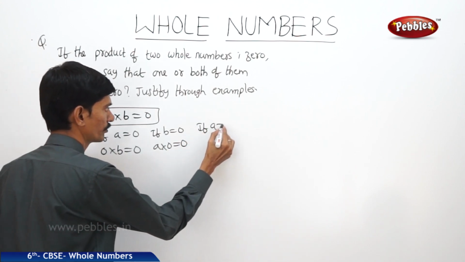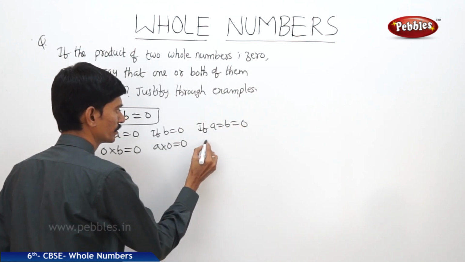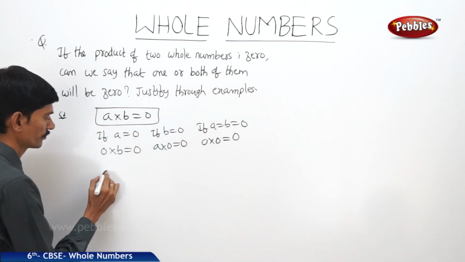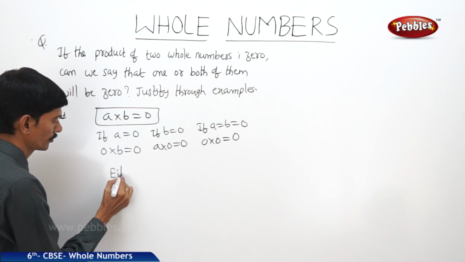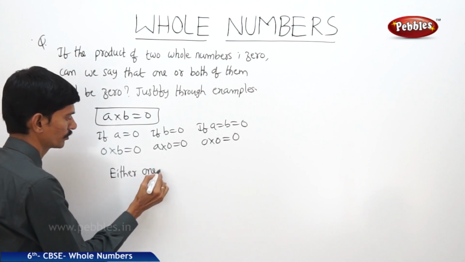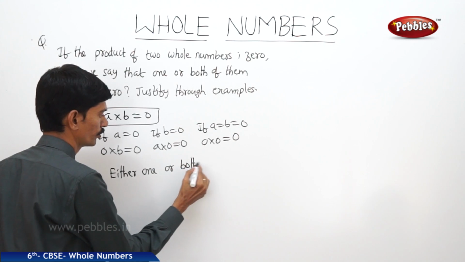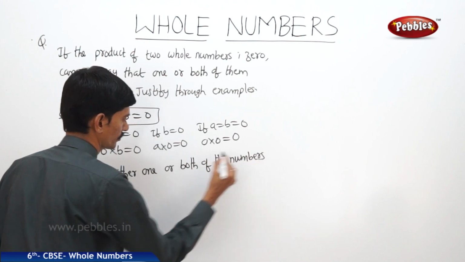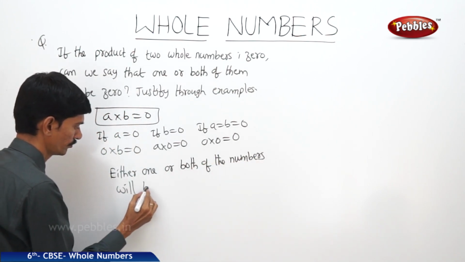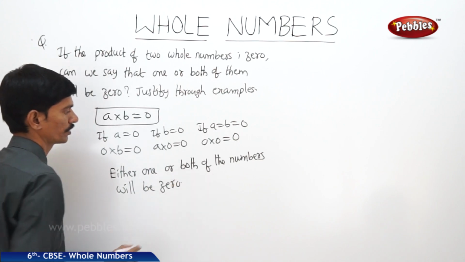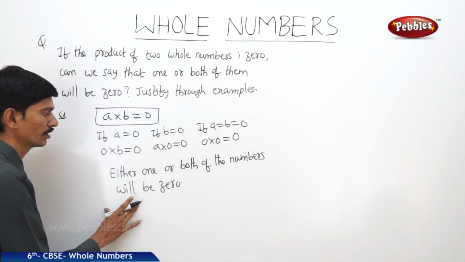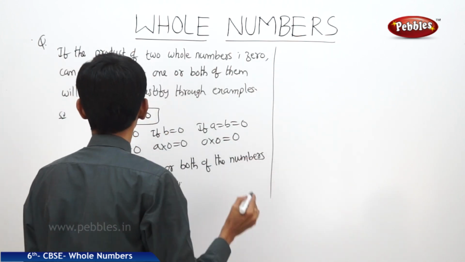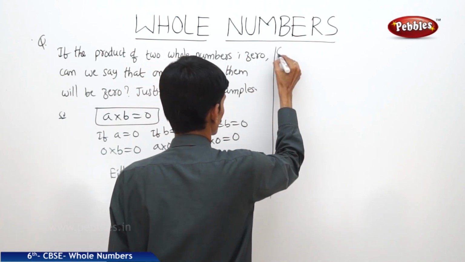If both a and b equal 0, then 0 into 0 equals 0. So if the product of the two numbers is 0, then either one or both of the numbers will be 0.